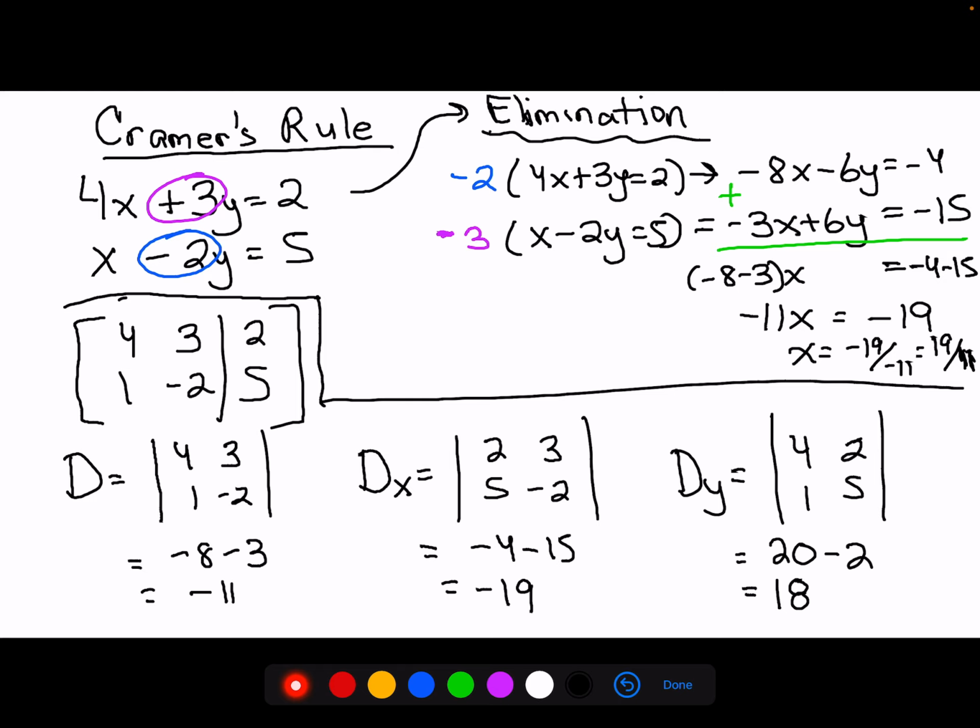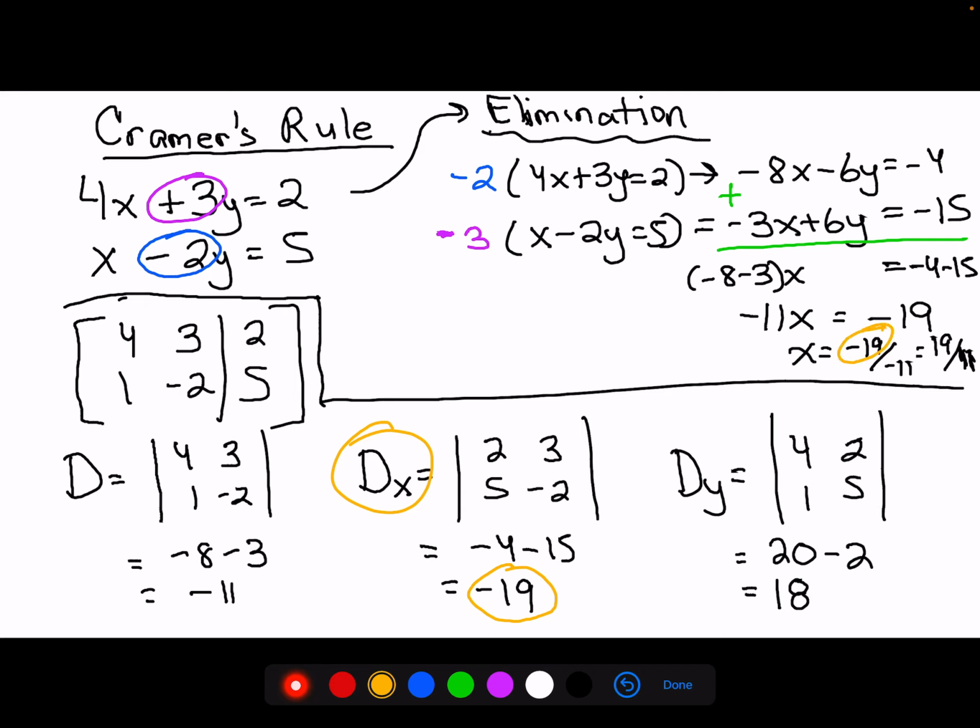But take a closer look for a second. Let's go back to those matrices I said to put in your pocket. Let's pull them out and look at them for a second. Notice that this negative 19 here with D sub x is right here.